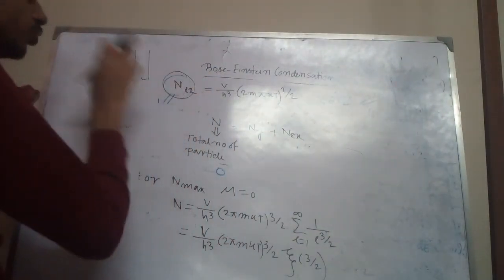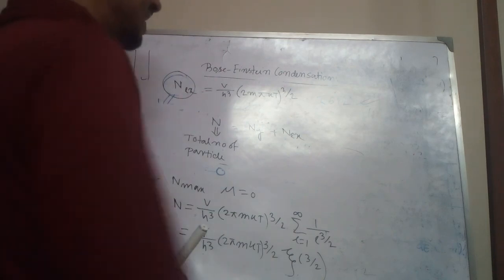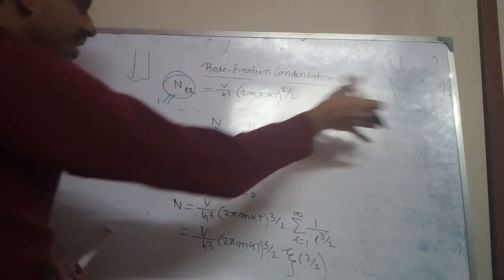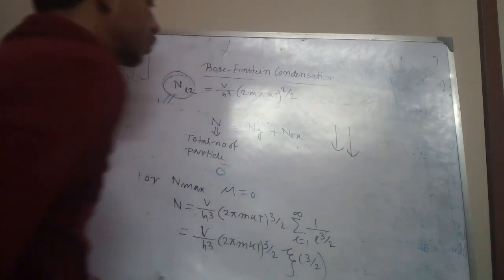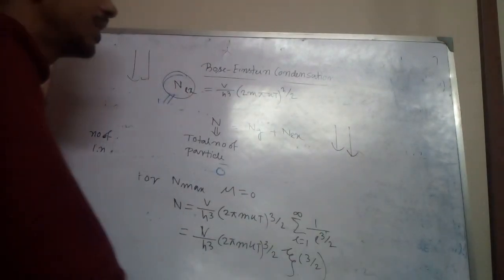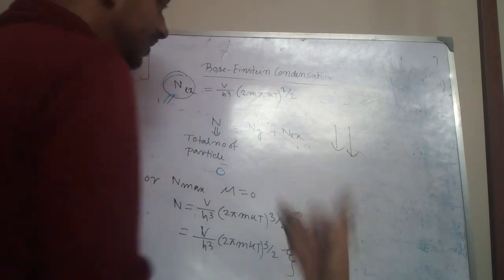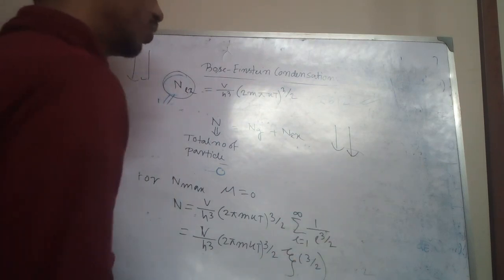We actually calculate the number of particles in the excited state, this value. If this value exceeds its limit, then the particles move towards the ground state and accumulate in lower energy levels. This is Bose Einstein condensation.